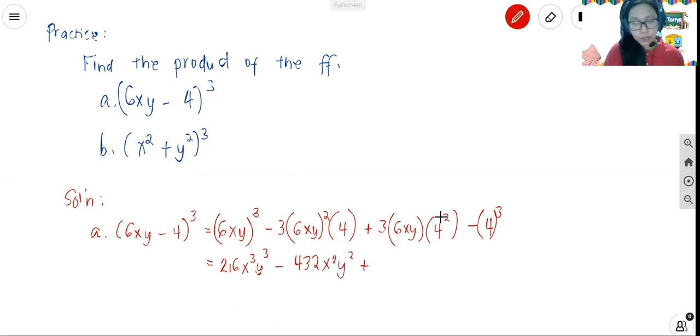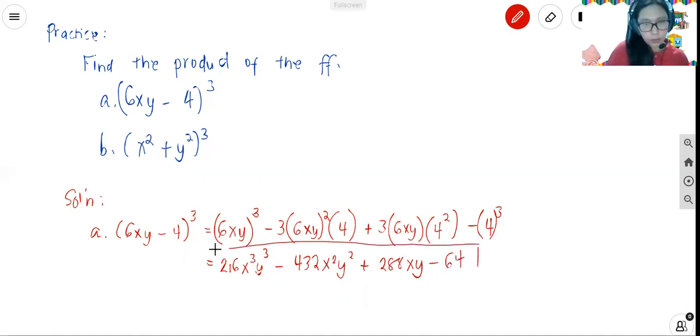Plus, we have here 4 squared, so that is 16 times 18, and that is 288xy, minus 4 cubed is 64. I hope you were able to get the answer correctly.